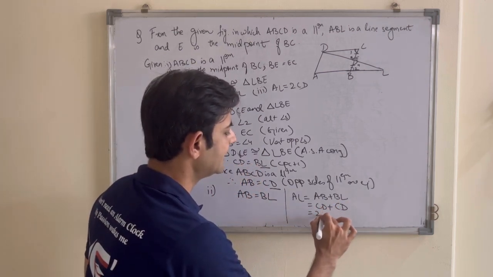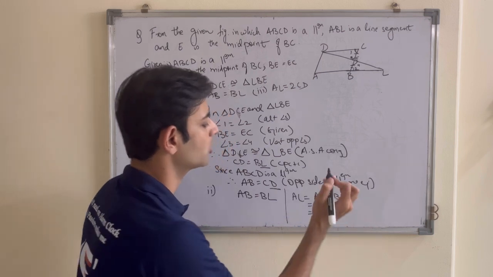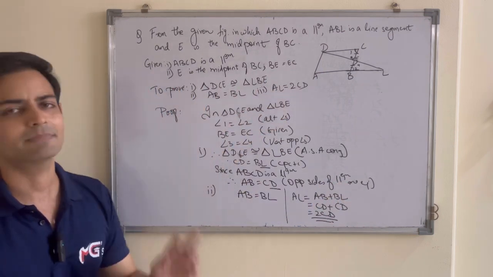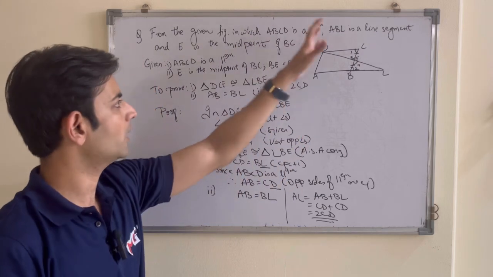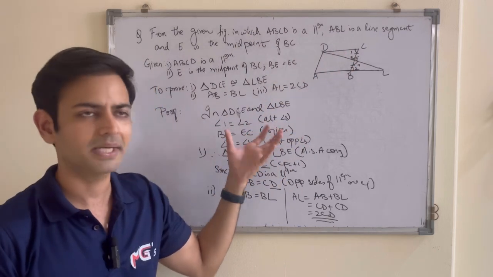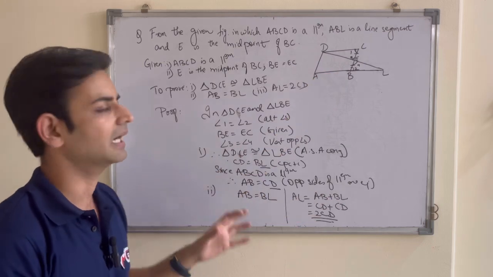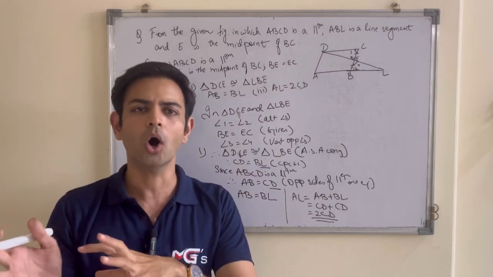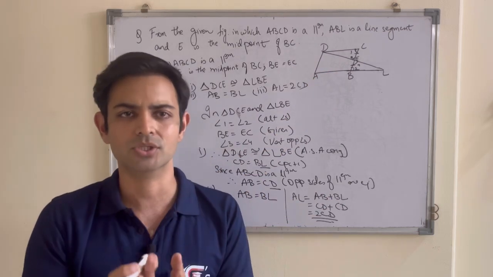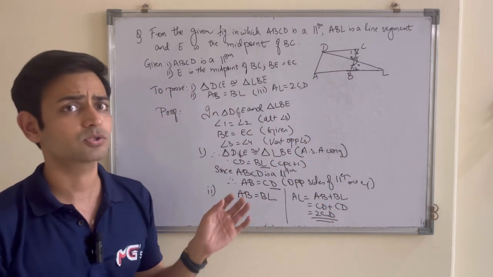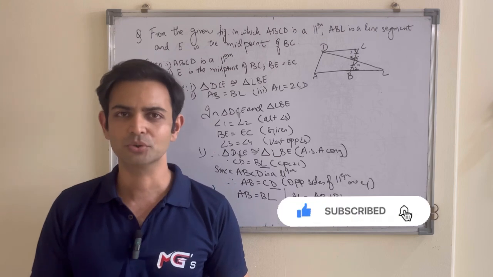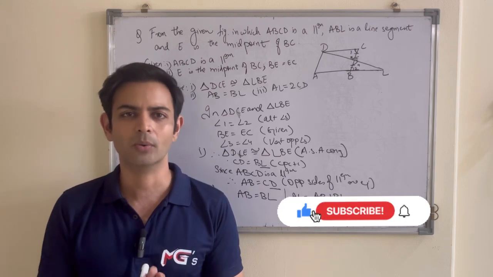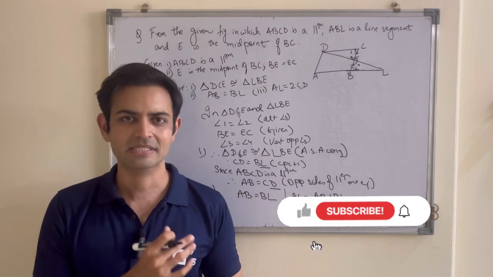So I get AL is equal to twice of CD, which is my third subpart of the question. So based on the given questions, we just have to prove them congruent, and we can derive the remaining parts as CPCTC, or you can just twist the question a little and you can get all the subparts. So it is not as difficult as you think. I hope you found this video useful today, and you can practice more questions based on the concept that we have studied today.